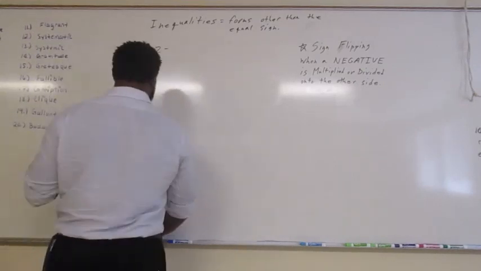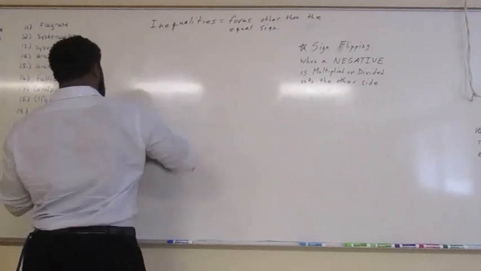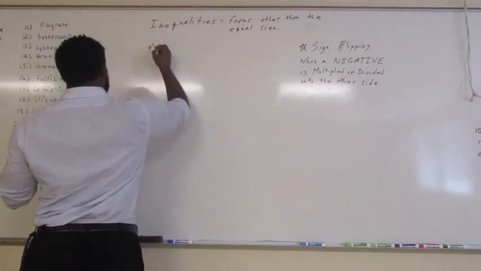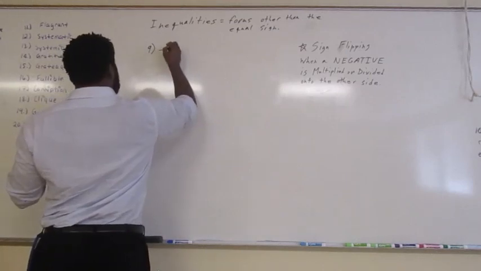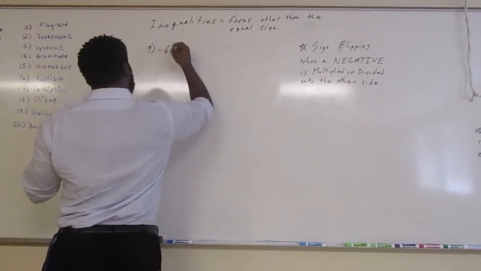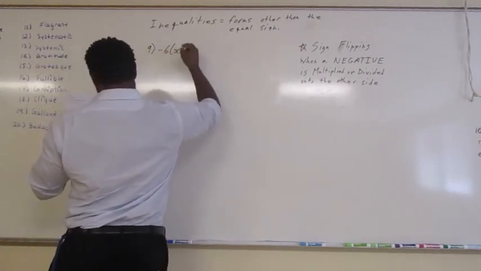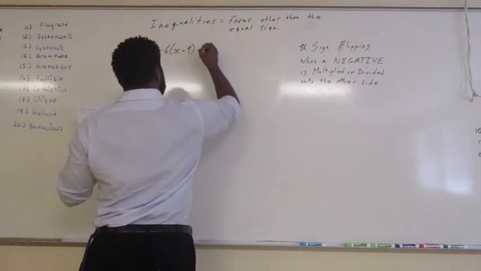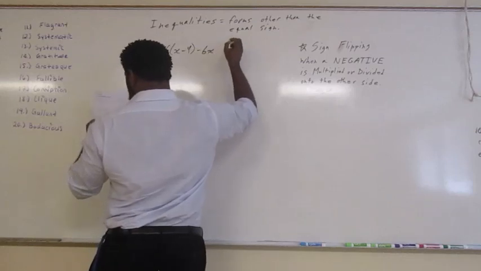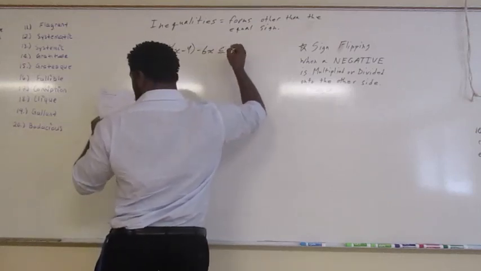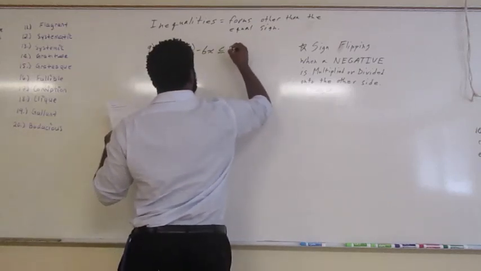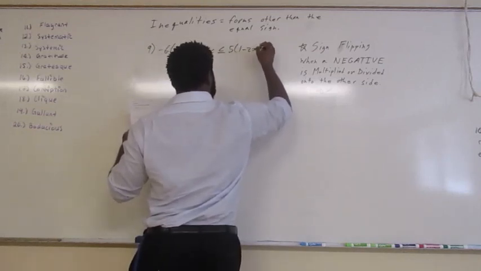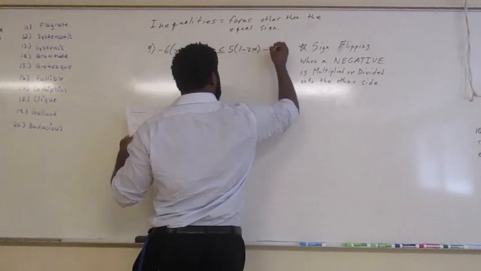So, matter of fact, instead of 7, let me do number 9. That looks longer. Negative 6x minus 4 minus 6x is less than or equal to 5, parenthesis, 1 minus 2x, close parenthesis, minus 5.